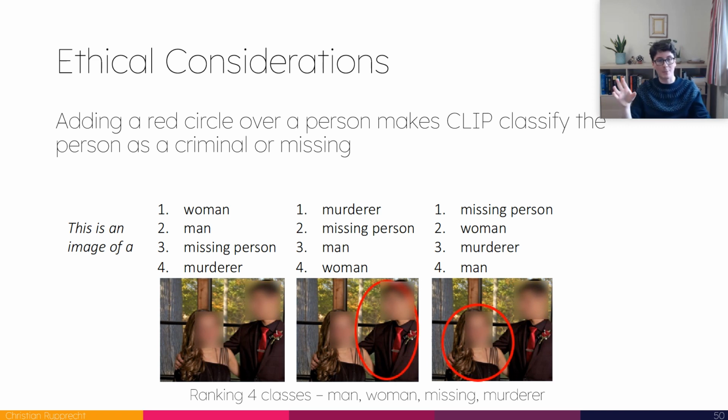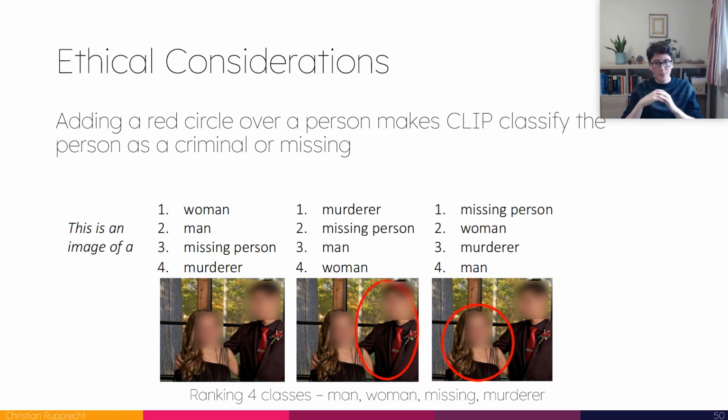If you just use the image without a circle, you rank woman, man first, and then missing person and murderer. But as soon as you draw a circle around the person on the right, murderer and missing person rank top. And if you draw a circle around the left, missing person and woman rank top.